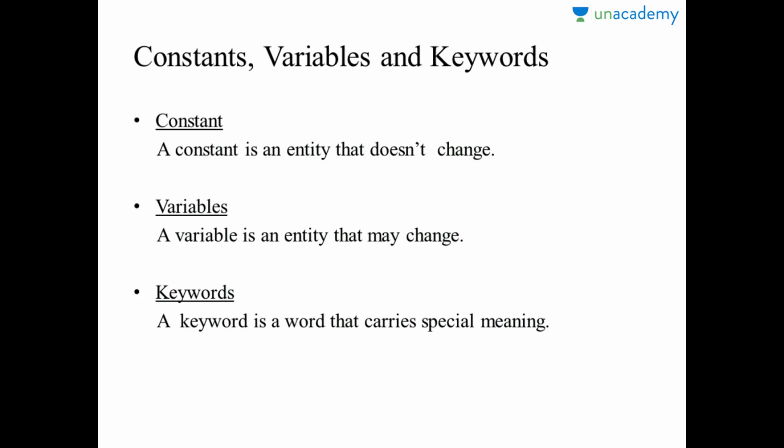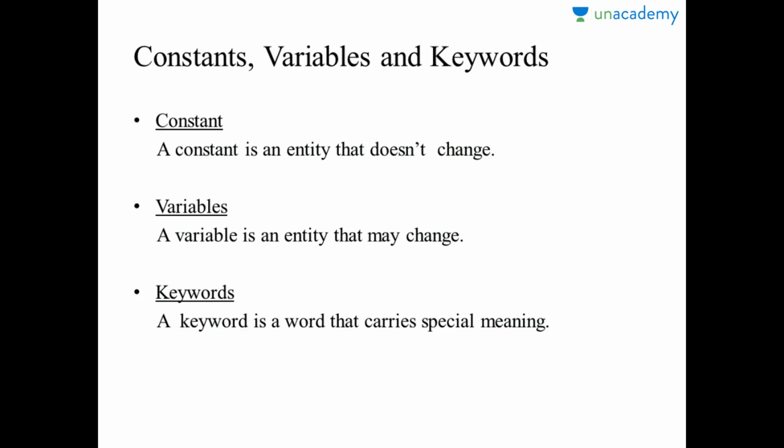So to make the retrieval and usage of these values easy, these memory cells or memory locations are given names. Since the values stored in each location may change, the names given to these locations are called variable names. And that's why we say that variable names are modifiable. They can be changed within a program, anytime.